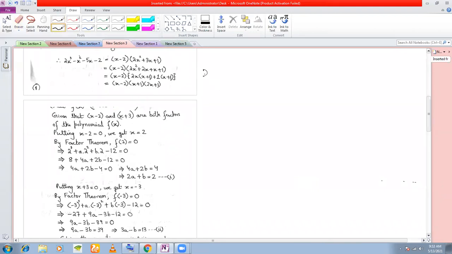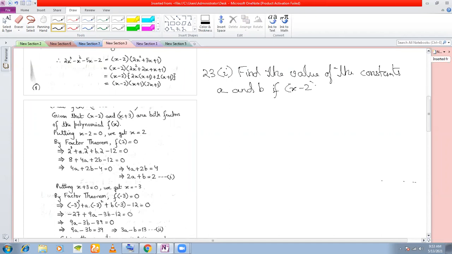Twenty-three-one in my textbook. The question here is: find the value of the constants a and b, if x minus 2 and x plus 3 are both factors of the expression x cubed plus ax squared plus bx minus 12.